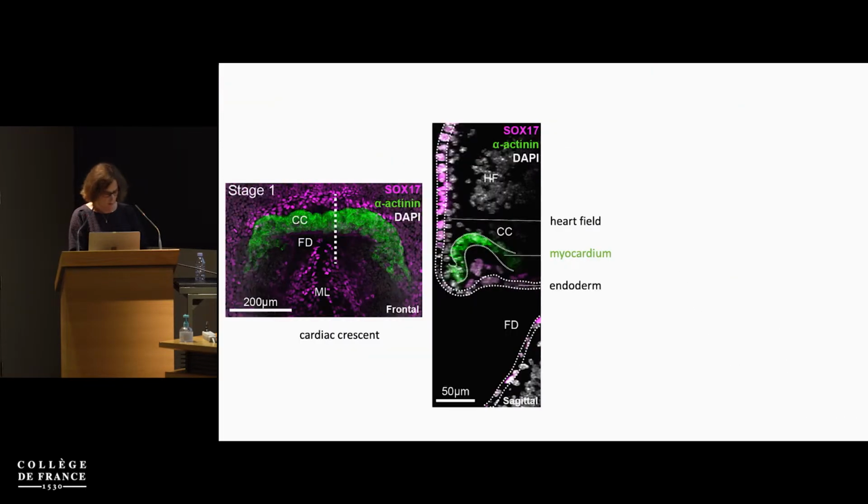So this is something that you can see here in these fluorescent images from the lab of Shankar Srinivas. You have the myocardium here in green, and if you do a section here, you will appreciate that this myocardium is detached from the endoderm layer, whereas the heart field, which is here, is still abutting the endoderm layer. And why am I telling you that?